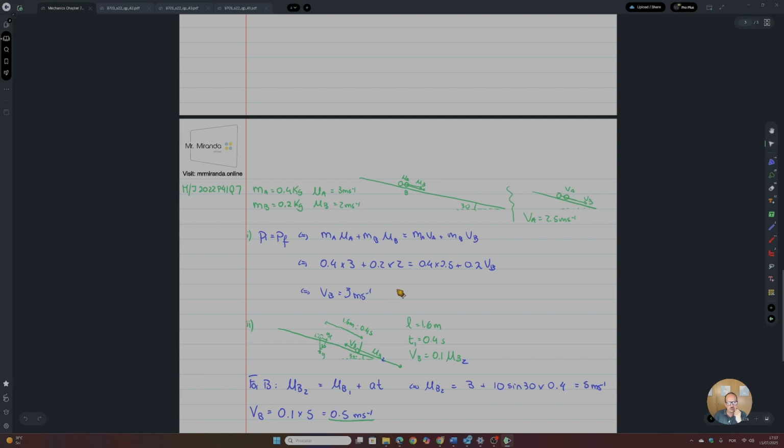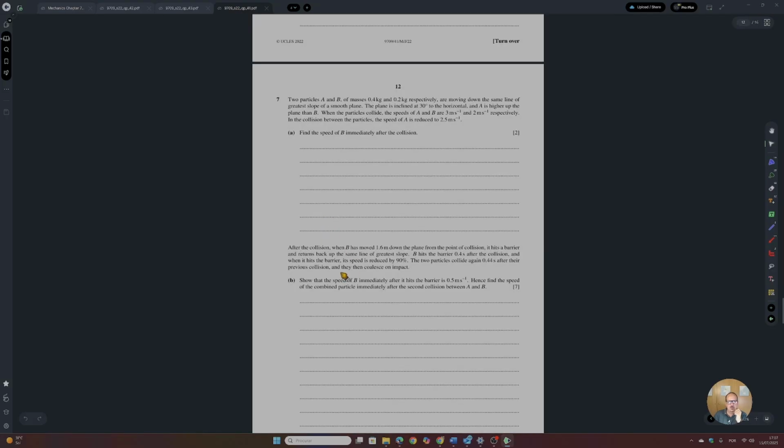The question that interests me is the next one, which is worth 7 points, if I'm not mistaken. Yes. All right. After the collision, when B has moved 1.6 meters down the plane from the point of collision, it hits a barrier and returns back up the same line of greatest slope. B hits the barrier 0.4 seconds after the collision, and when it hits the barrier, its speed is reduced by 90%.